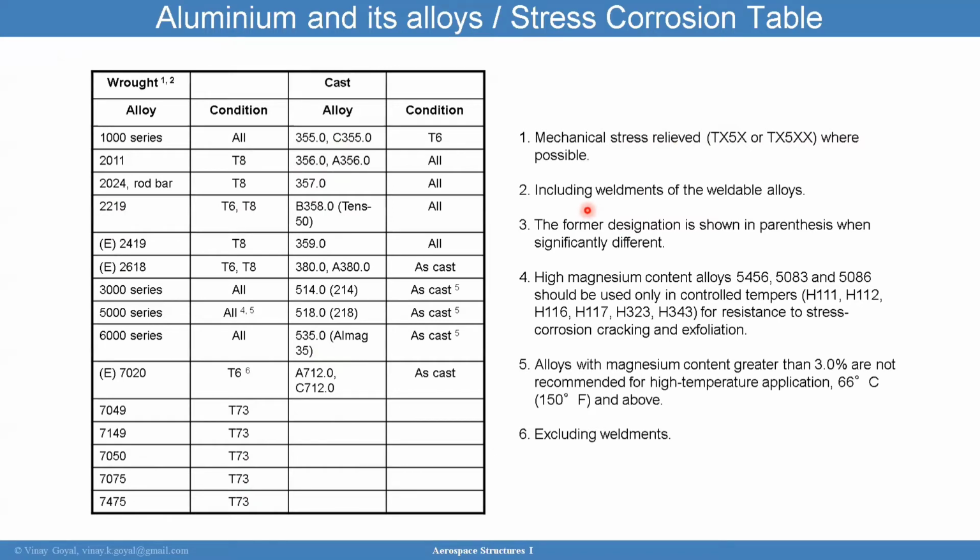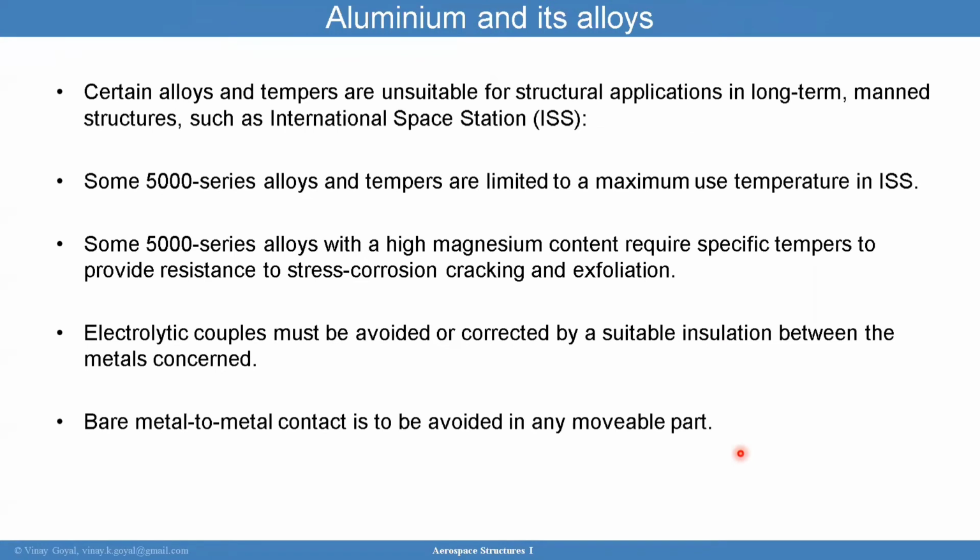For high magnesium content aluminum alloys, we should be using very controlled tempers for resistance to stress corrosion cracking. Alloys with magnesium content greater than 3% are not recommended for high temperature application, and that also excludes weldments. So certain alloys and tempers are unsuitable.